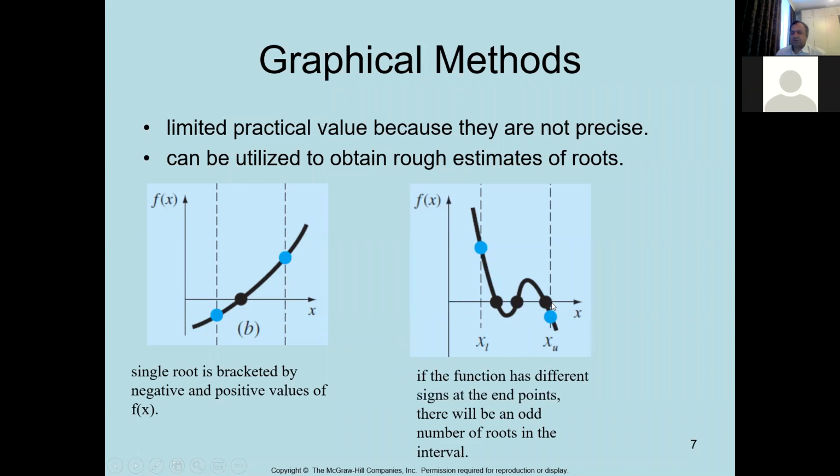So from these two graphs, we can make a general idea that for many functions, when the value of the function changes from negative to positive or positive to negative, we may have an odd number of roots. Here we have 1, here we have 3 roots. So we may have an odd number of roots.